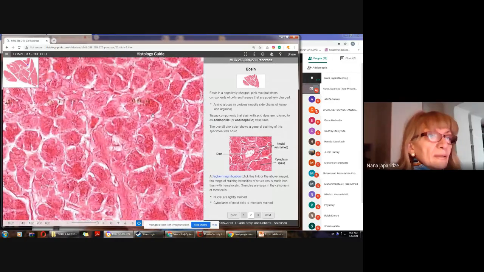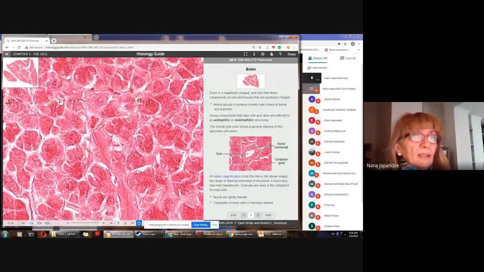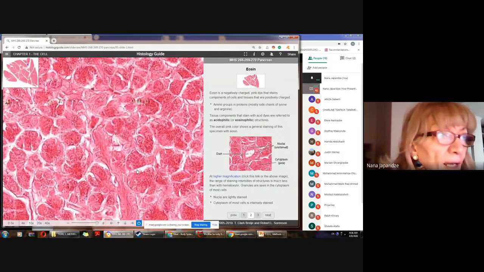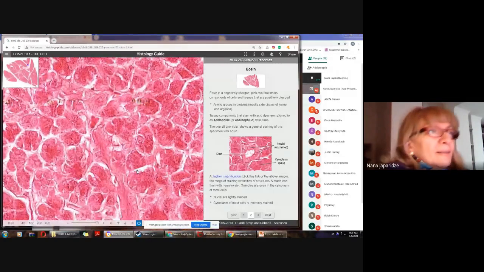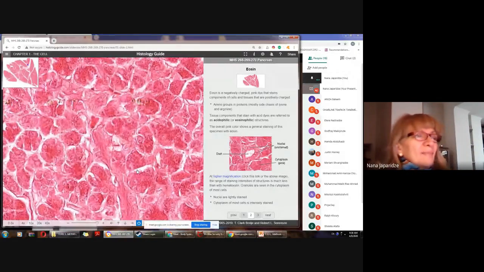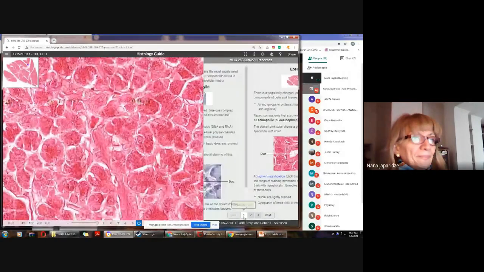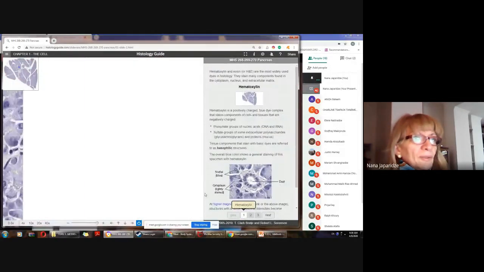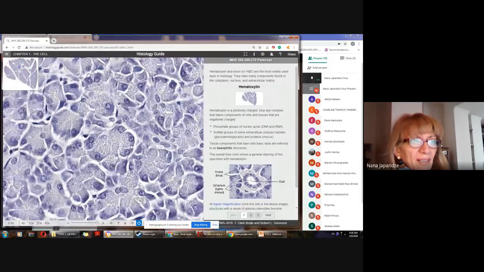So you see that everything here is stained from pink to red. And if we compare this type of staining with a basophilic staining, I think basophilic staining is more informative because you can clearly see the nucleus, the tissue, the cell itself, even the nucleolus.